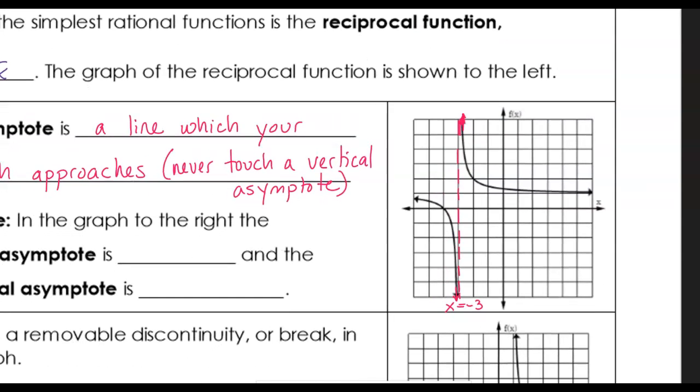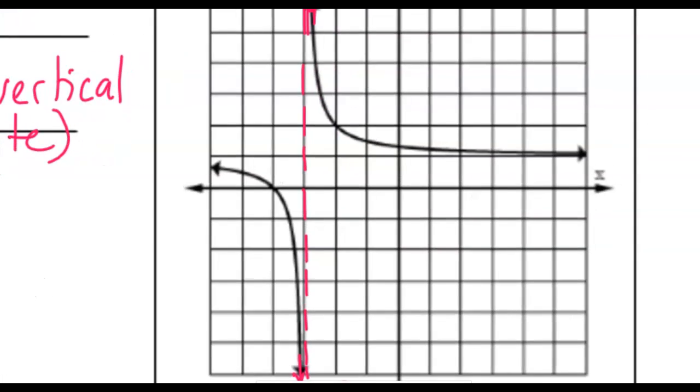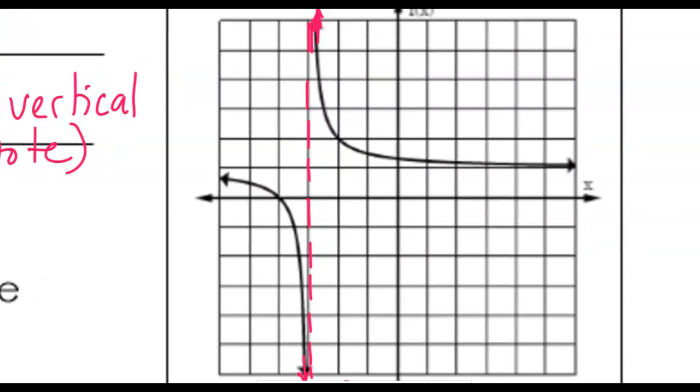It's our vertical asymptote. What about our horizontal? Where is that horizontal asymptote located? Yes. Again, if you struggle to find your asymptote, look at the extremes of your graph. So we're trying to find the horizontal line.